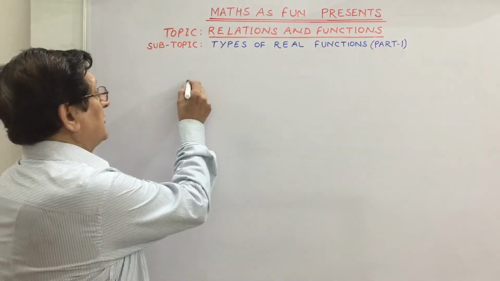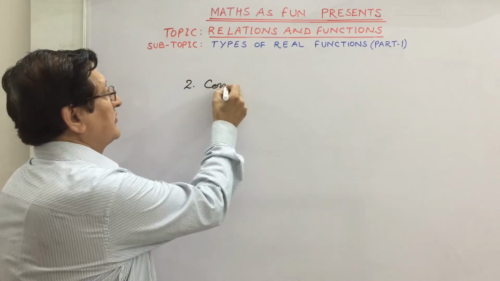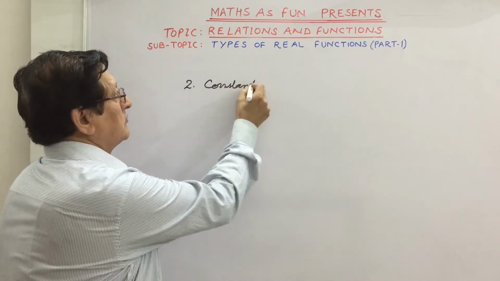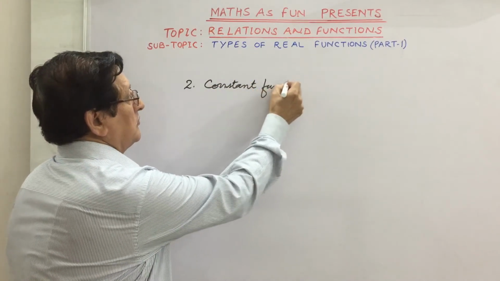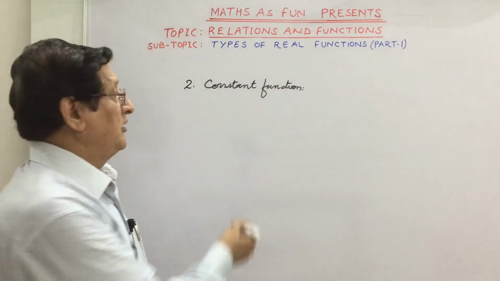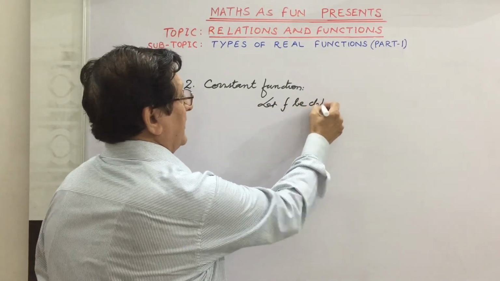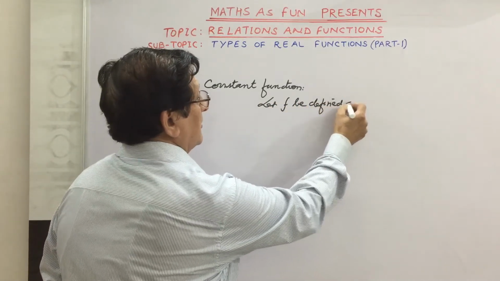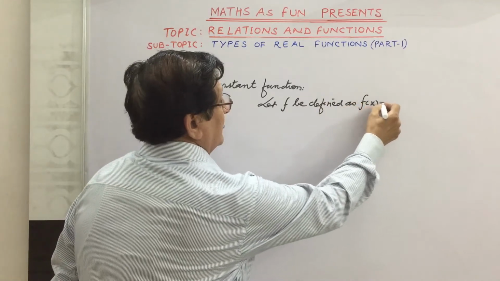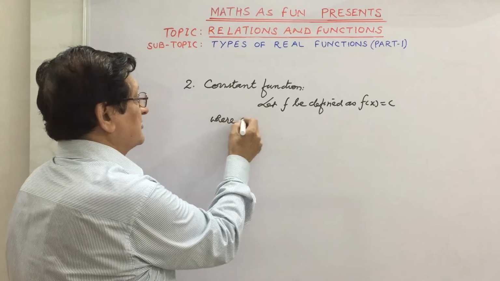The second type of real function is the constant function. What is a constant function? Let f be defined as f(x) = c, where c is a constant.